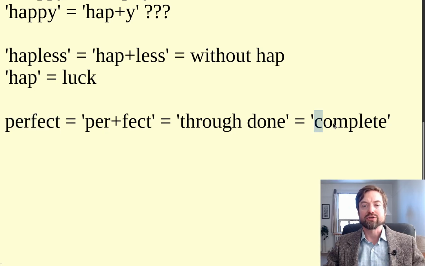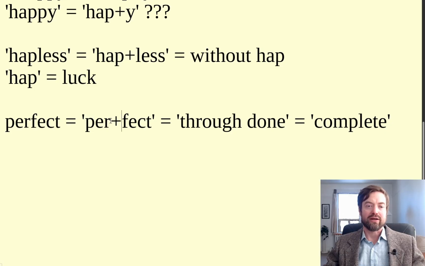In other words, to be complete. And if something is done completely, everything that needs to be done is done, you can consider it to be perfect, even if it's not without any flaw or blemish whatsoever. So this was originally two pieces in Latin, where it comes from, but brought into English.